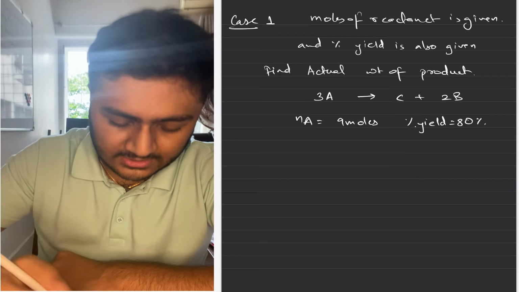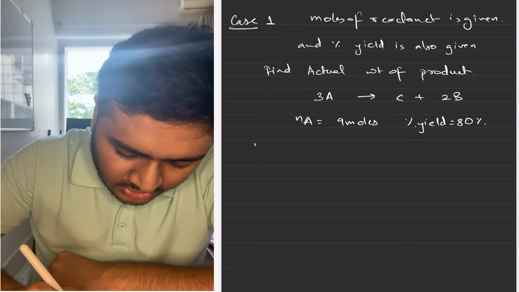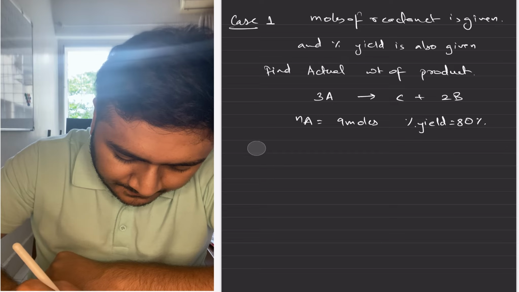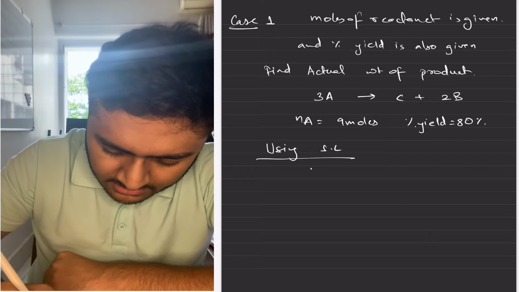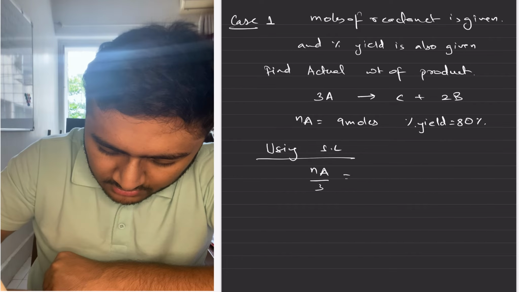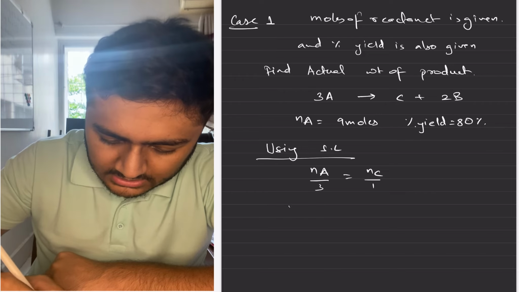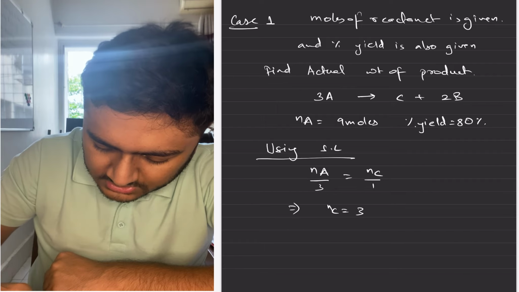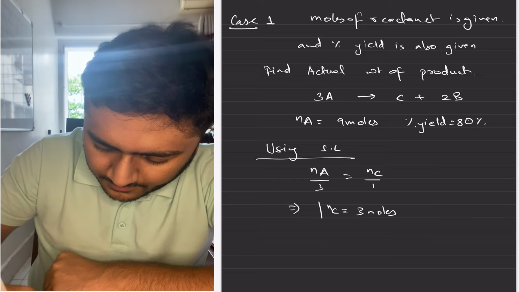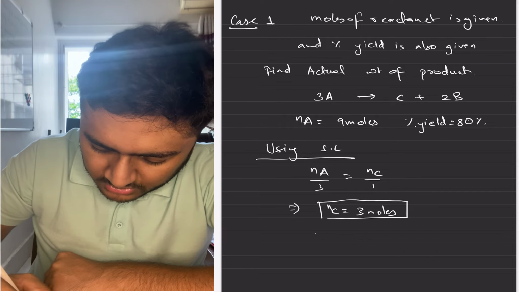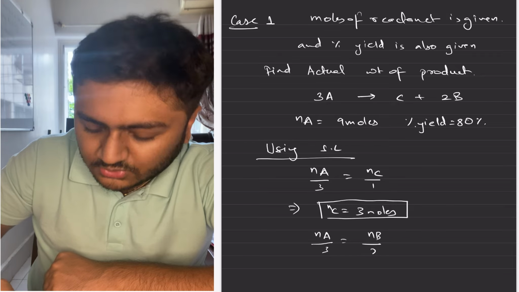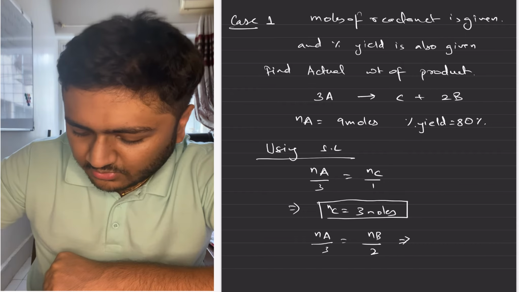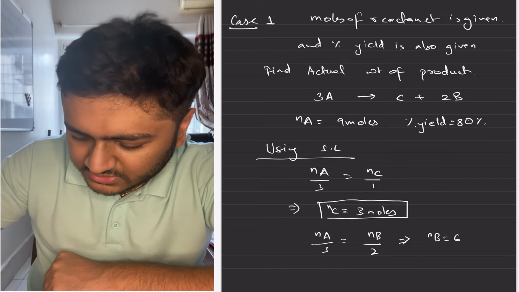Using the stoichiometry law, moles of A divided by 3 is equal to moles of C divided by 1. Therefore, moles of C will be 3 moles. Similarly, moles of A divided by 3 is equal to moles of B divided by 2. Therefore, the moles of B will be 6 moles.